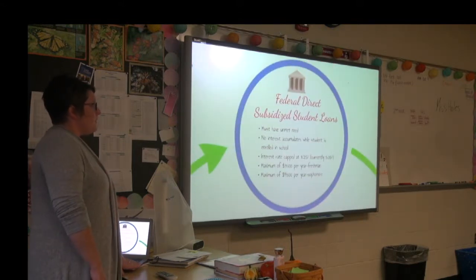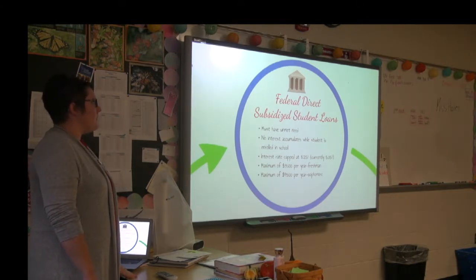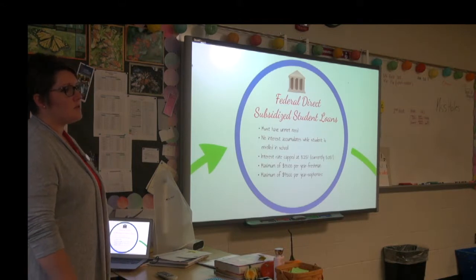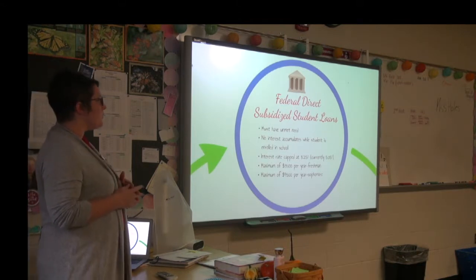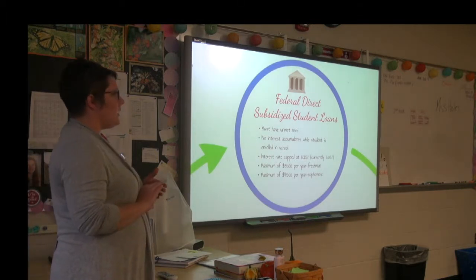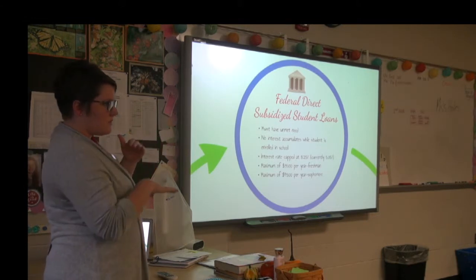So another type of aid that a student will have eligibility for based on submitting FAFSA is federal student loans. There are two types of federal student loans that your student could be eligible for. The first is a subsidized student loan, and you have to have unmet need: cost of attendance minus EFC equals need.